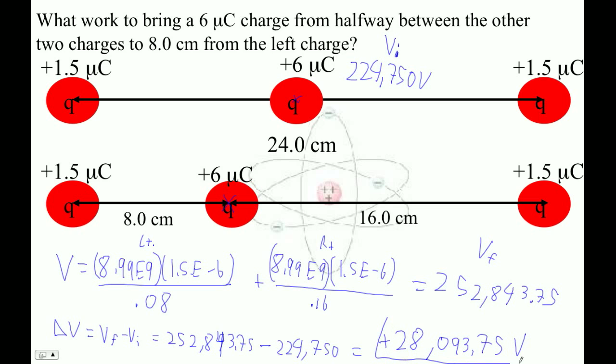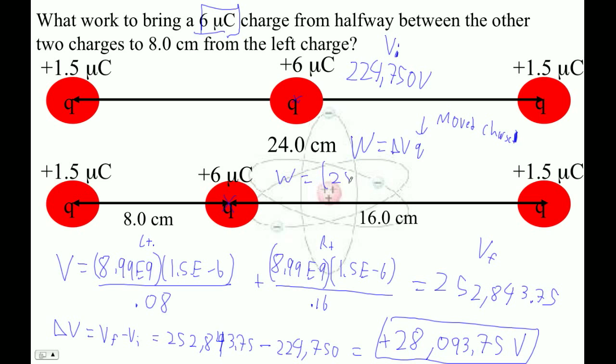Okay. And then our last step is that the work is change in voltage times charge. And in this case, this charge here is the moved charge, right? The moved charge. And that's our 6 microcoulombs, right? Okay, so I'm going to do the change in voltage. It's 28,000, right, times, and this is joules per coulomb of change in voltage, right?